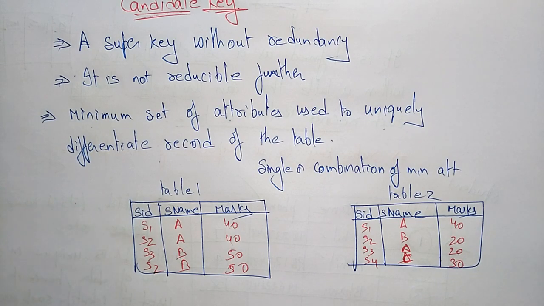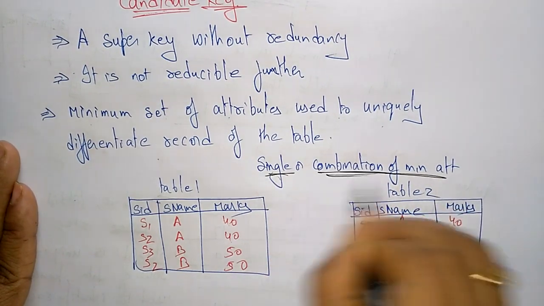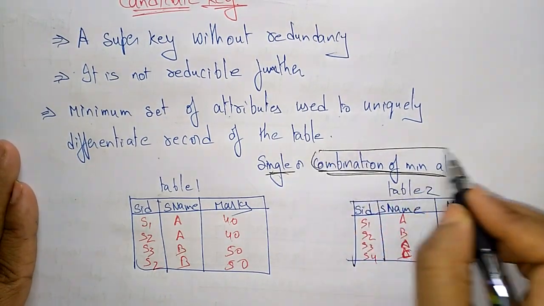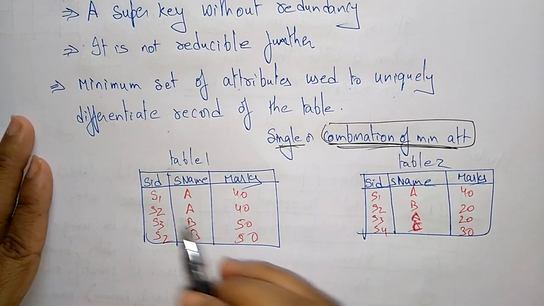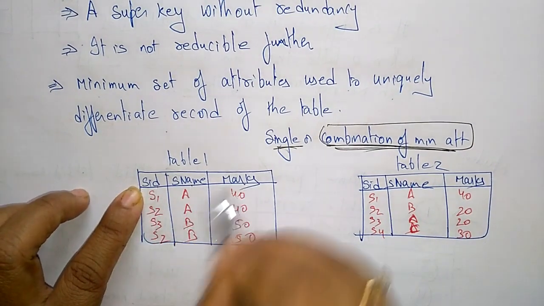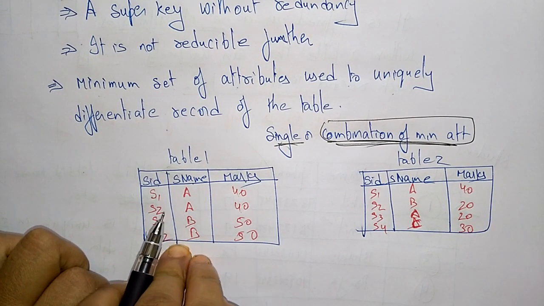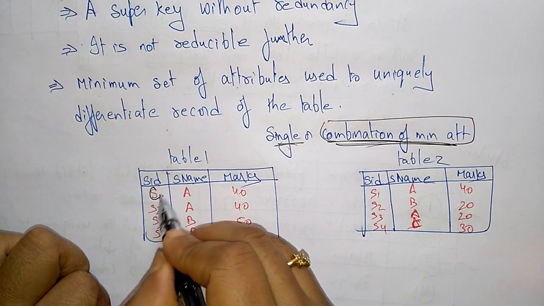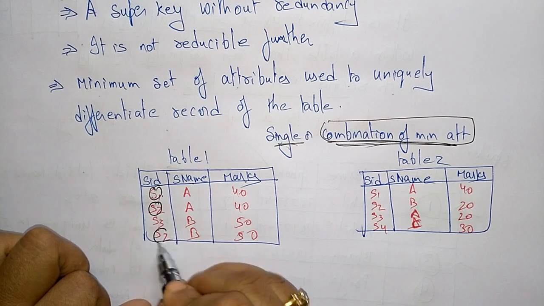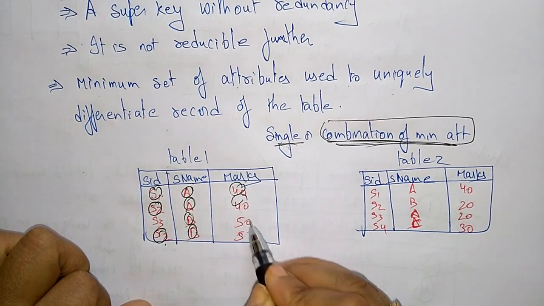So what am I saying here? A candidate key should be a single attribute or a combination of minimum attributes. Student ID, student name, marks will be there, and you have to find each record uniquely. But here redundant data is there: S2, S2, A, B, B, 40, 40, 50, 50.